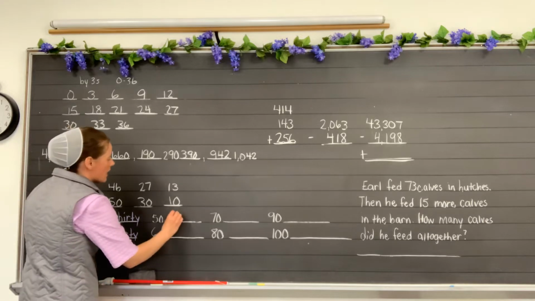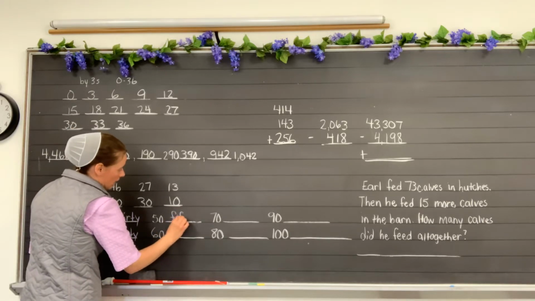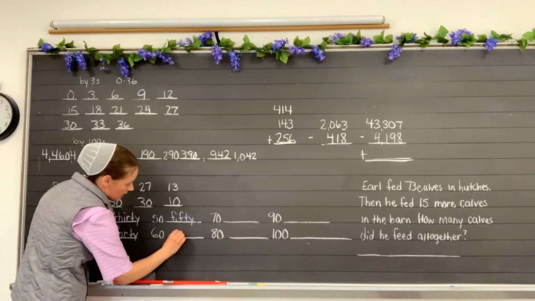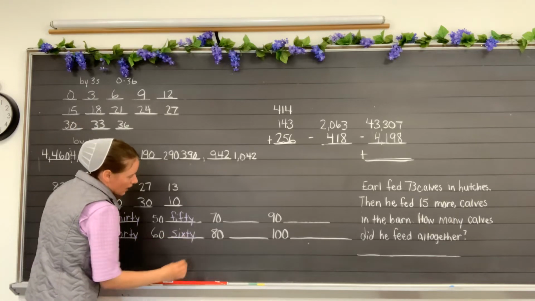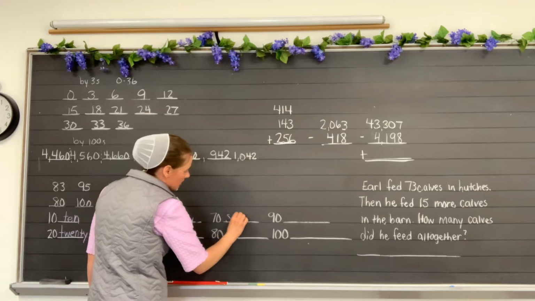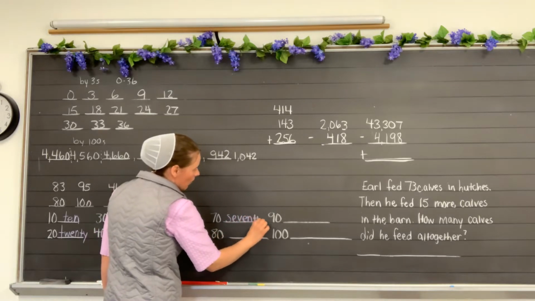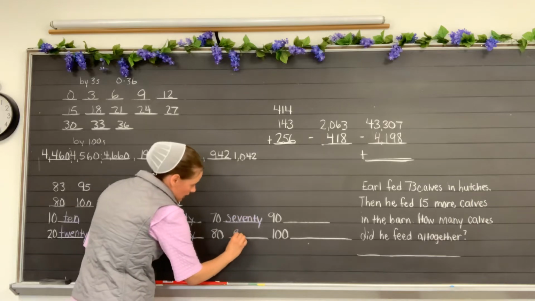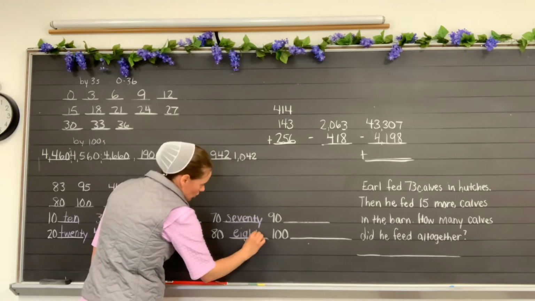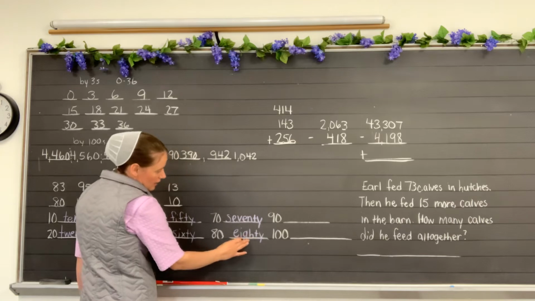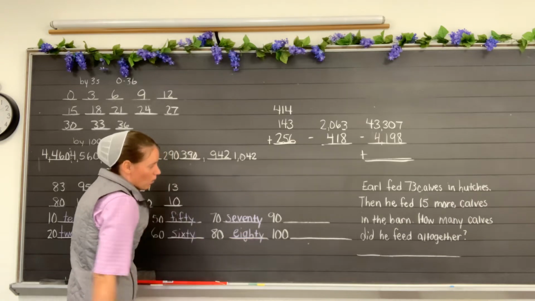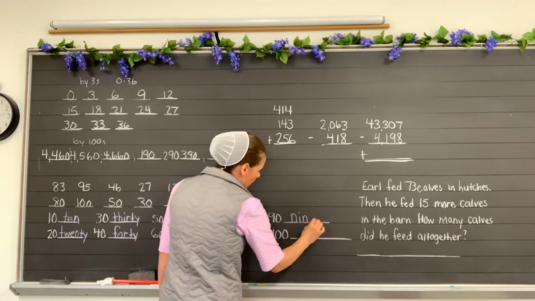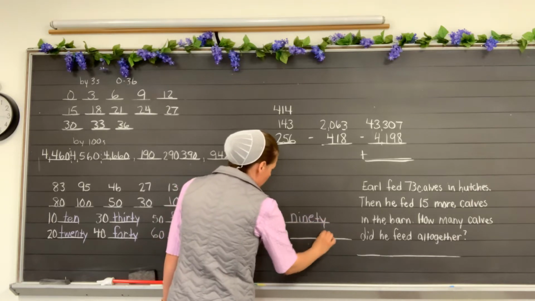It's just F-O-R-T-Y. 50 is F-I-F-T-Y. 60 is S-I-X-T-Y. 70 is S-E-V-E-N-T-Y. 7 and then T-Y. 80 is E-I-G-H-T-Y. 8 and then the Y. And then 90 is N-I-N-E-T-Y.